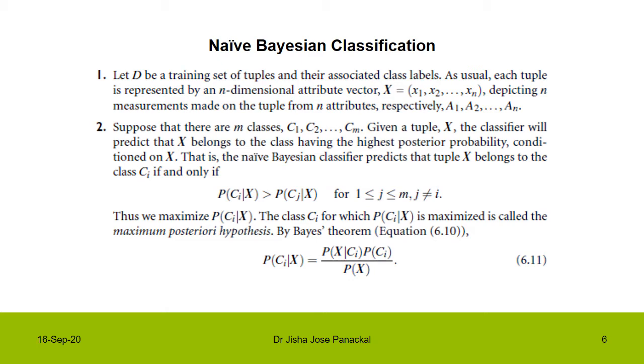So we are replacing Bayes' theorem with this equation: the probability of Ci conditioned on x is equal to the probability of x conditioned on Ci times the probability of Ci, divided by the probability of x. This is the equation we use for doing the classification.